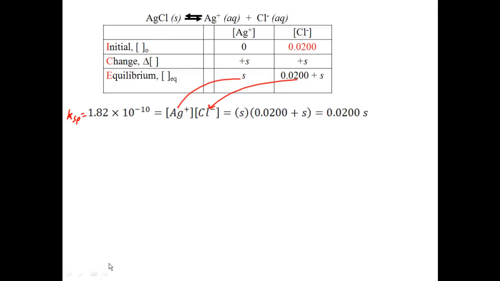Well, I want to compare that 0.02, which is 10 to the minus second, to the 10 to the minus 10th on my KSP. That's a factor of 8 difference. We said if it's 3 or more, we can get rid of that S. So we think S is much smaller than that 0.02. Much smaller than that 0.02 value. Therefore, we will get rid of the S.